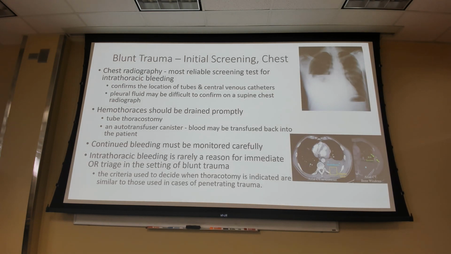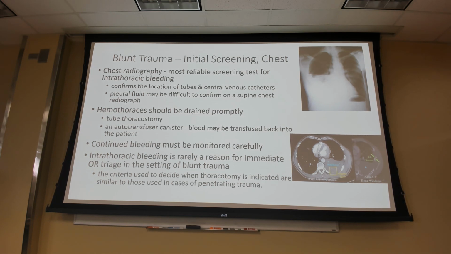All right, so our most reliable screening method for any sort of blunt trauma in the chest is gonna be our chest x-ray. Adjuncts to that that we might be able to get a little bit faster are our point-of-care ultrasound, our EFAST exam. And anything we identify, we need to drain.